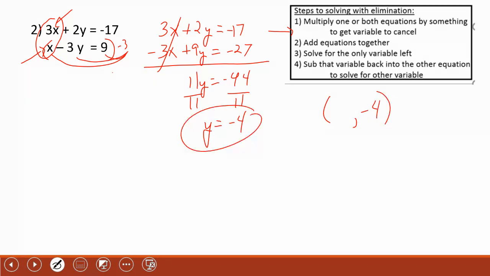Since I know y is negative 4, I can go back to the first equation and put in negative 4 for y. So I can solve for x now.